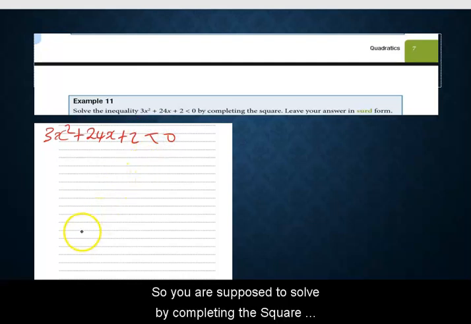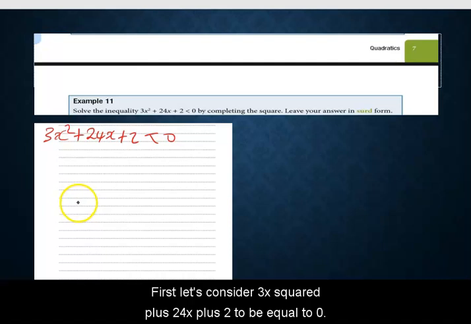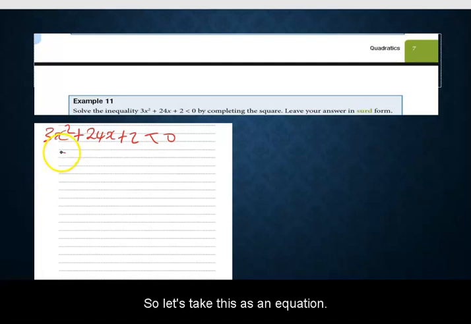So you're supposed to solve by completing the square, and you leave your answer in surd form. Okay. First, let's consider 3x squared plus 24x plus 2 to be equal to 0. So let's take this as an equation.